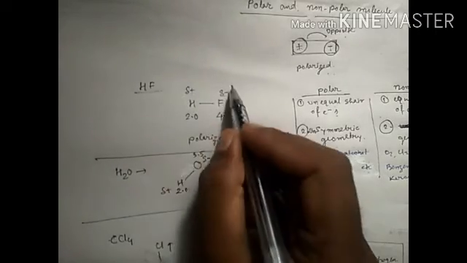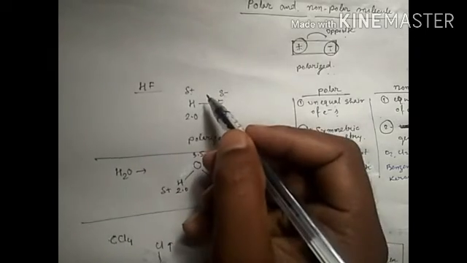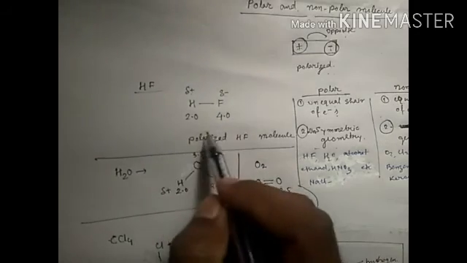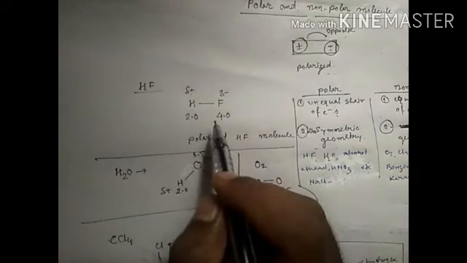That means here is more electron density, here is less electron density. That means the molecule is polarized, and this polarized molecule is known as a polar molecule. Remember, this is a polar molecule.